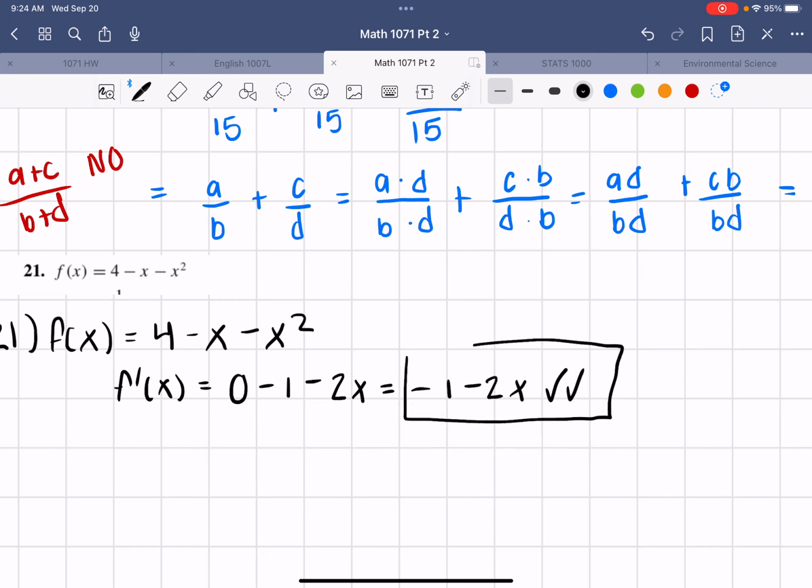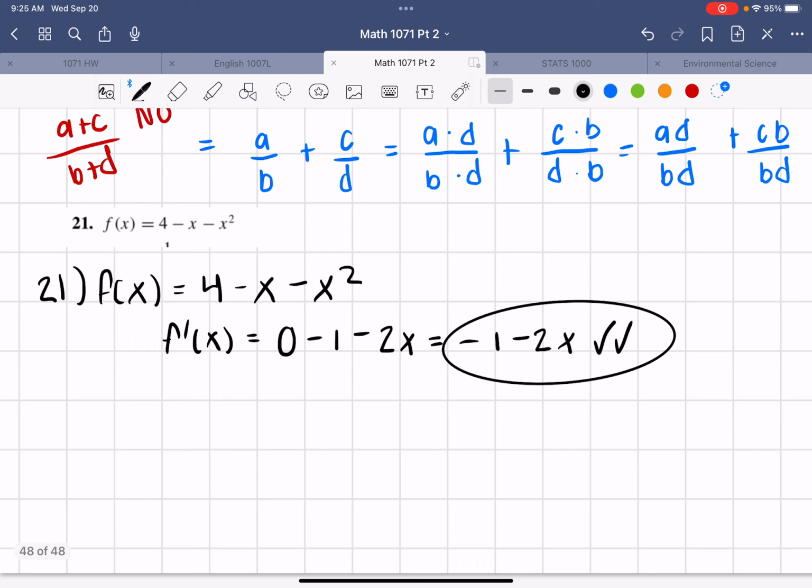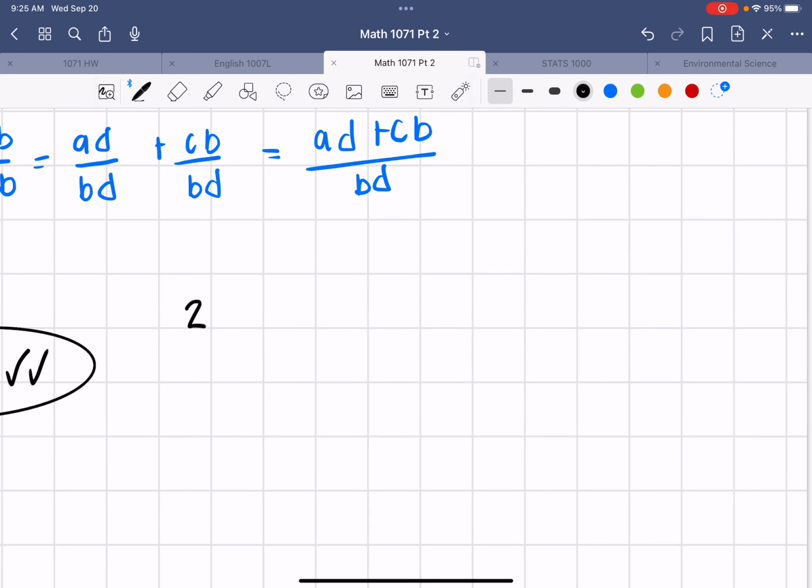Okay, we'll do it term-wise. 1 is a constant. Its derivative is 0. The derivative of x is 1 and you're subtracting it. The derivative of x squared is 2x and you're subtracting it. The derivative of x cubed? 3x squared. 10 is a coefficient, it stays. The derivative of log x is 1 over x.